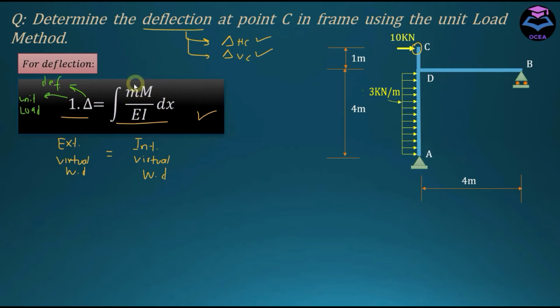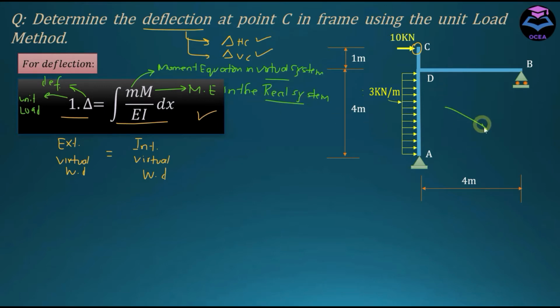Inside the integral, the small m is the moment equation for the member in the virtual system, and the capital M is the moment equation of the member in the real system. So what is the difference between the virtual system and the real system?